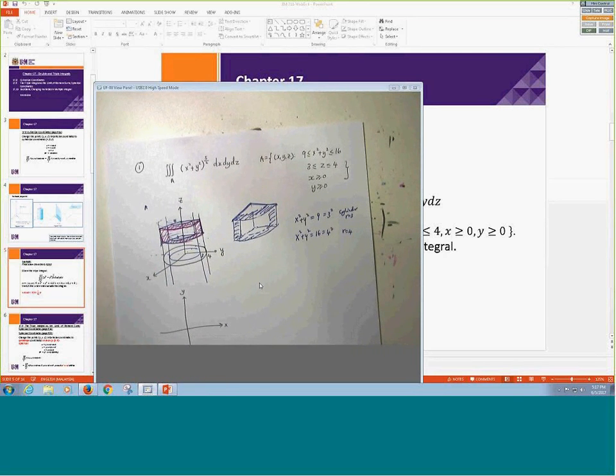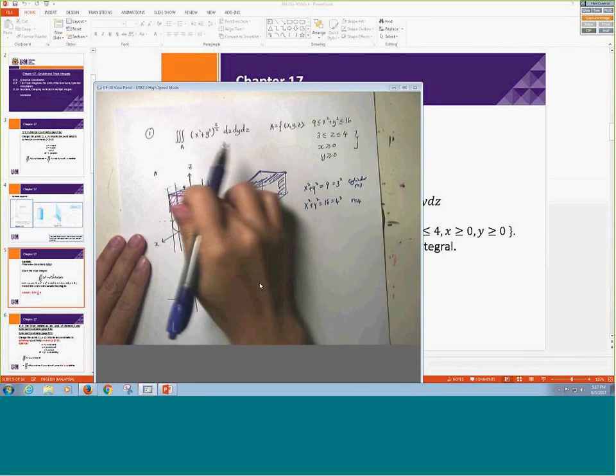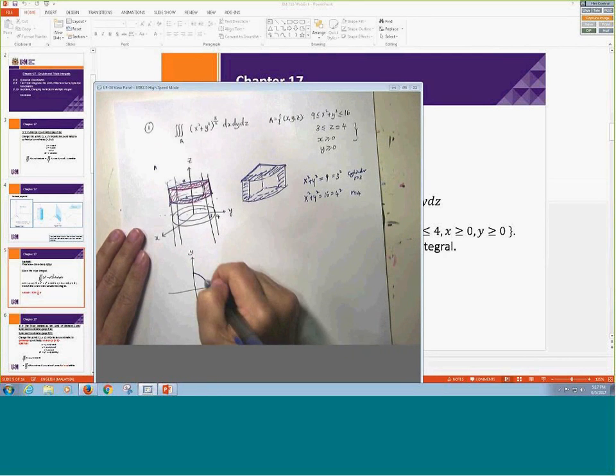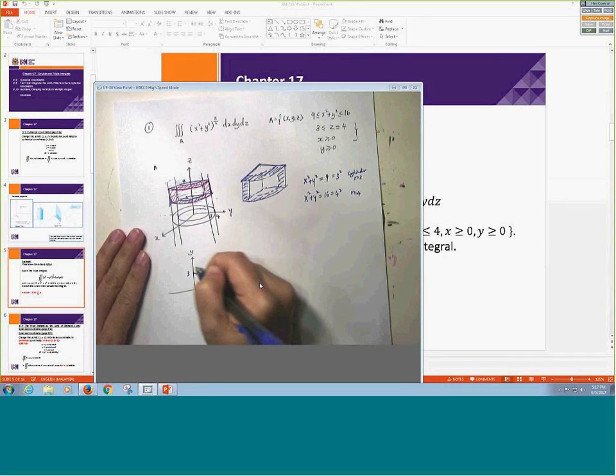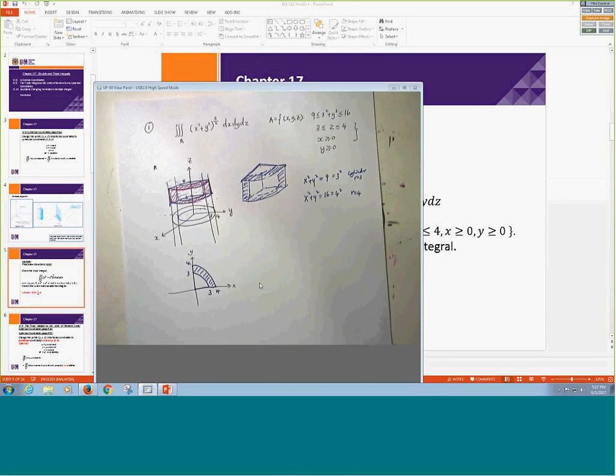When you project to the XY plane, we get this is R3 and this is R4 here, and then cover. So this is the projection to the XY plane.